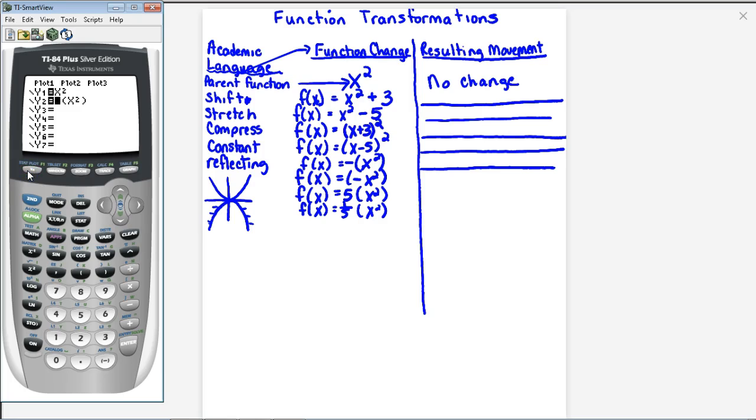So instead of 5, I'm going to do 1/5, which I'm actually just going to do 0.2, and let's see what happens. Okay? Yay! Fatter. We made it fatter. So in this case, we compressed this parent function by 5.